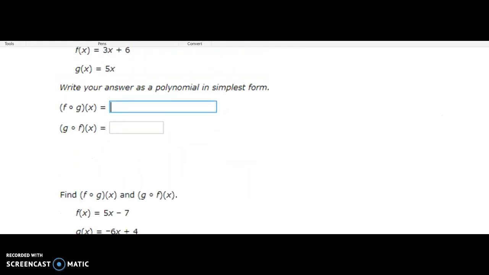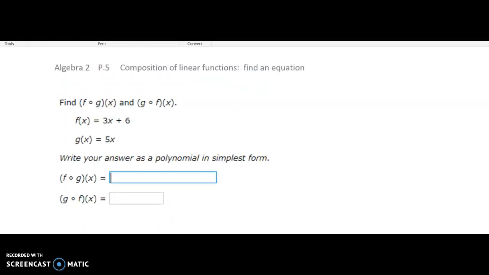And then, just to make sure we understand what's going on, this F of G of X, okay, basically what we've already been doing. We already have G of X, so it's going to go into our F of X. So F of 5X equals, let me write that a little bit different.